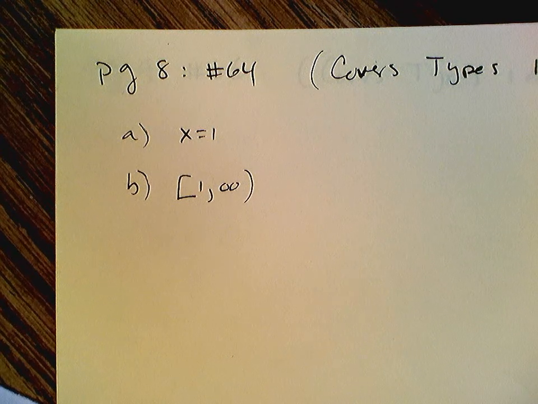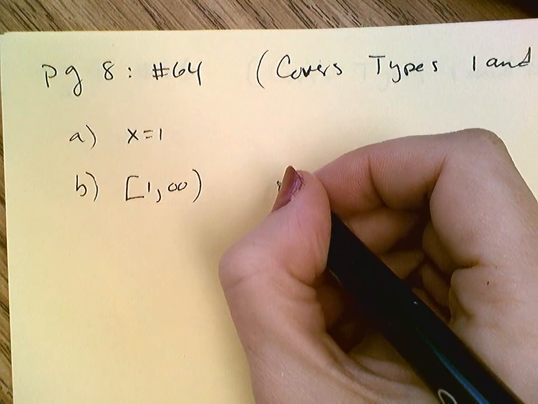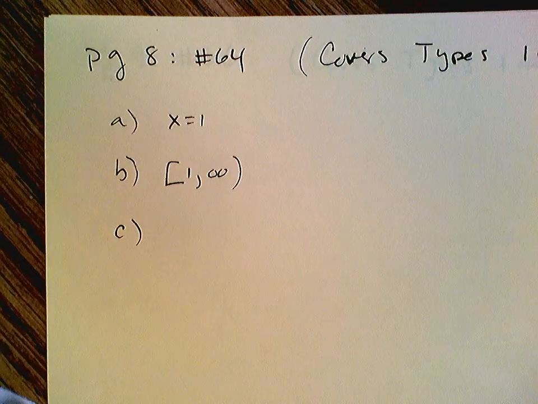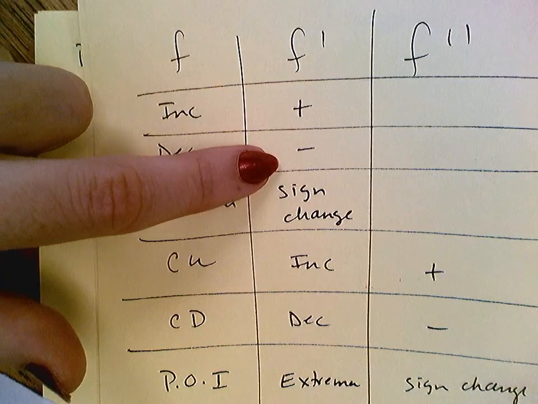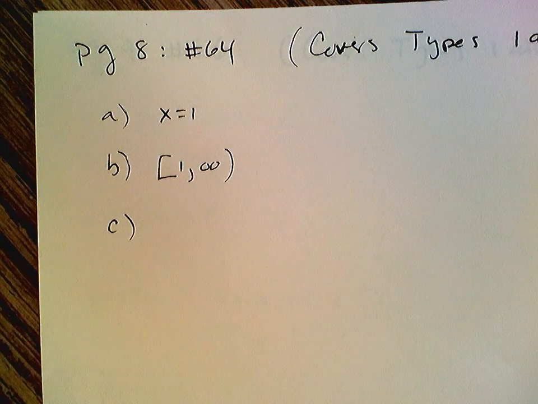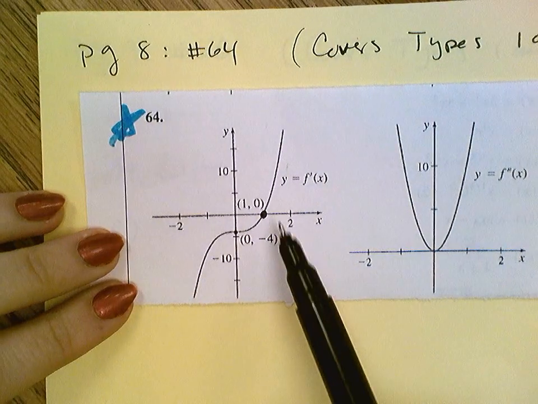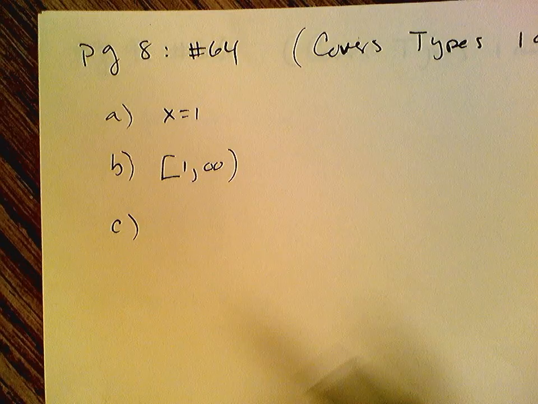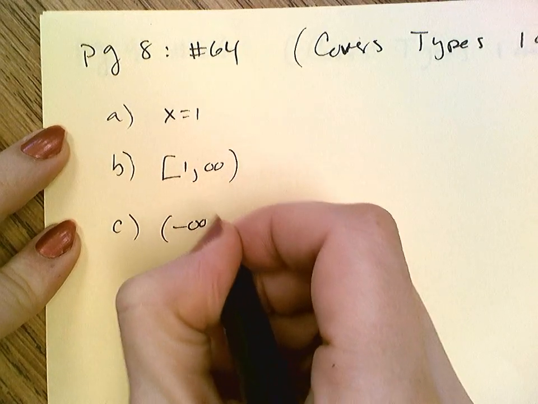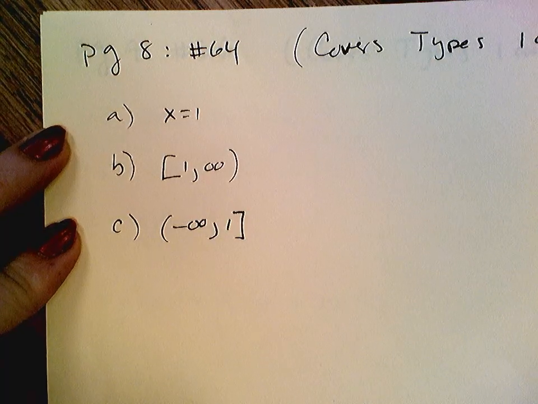Okay, so that's B. All right, C. Okay, where is f decreasing? f is decreasing when f prime is negative. This is the f prime graph, so f prime is negative from negative infinity to 1.